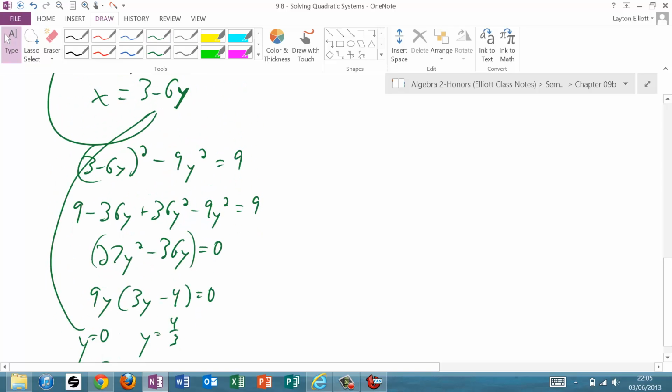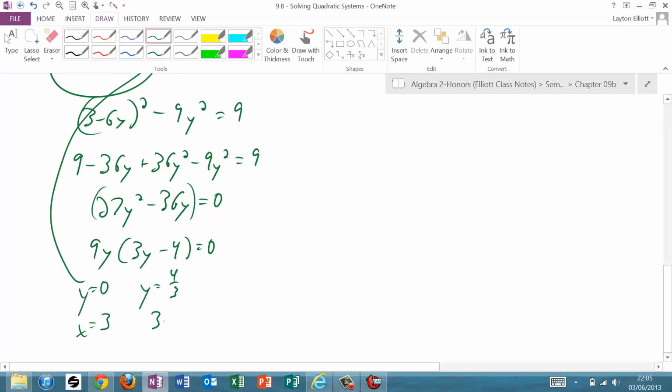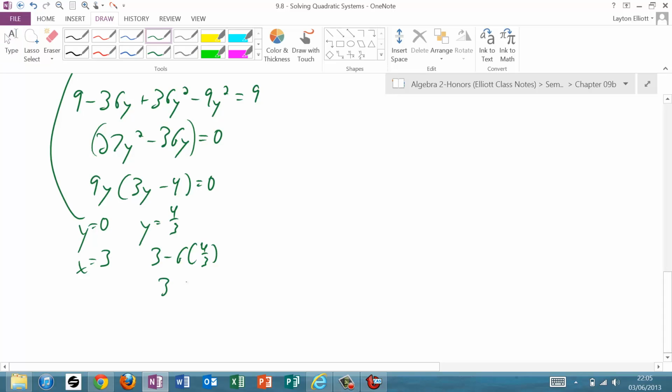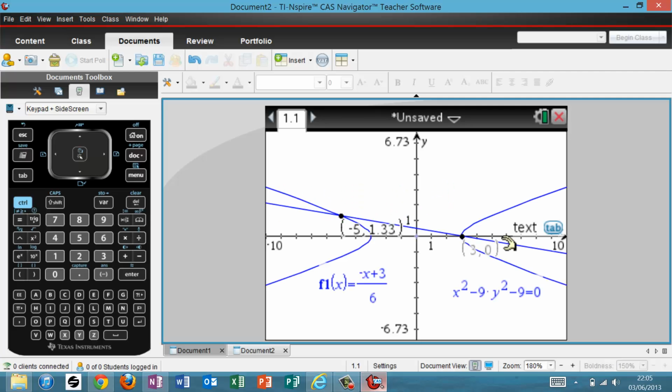And if y is equal to 4/3, I have 3 minus 6 times 4/3, which is 3 minus 8, or negative 5 for x. So my ordered pairs are negative 5, 4/3, and 3, 0. Check my graph real quick, and voila, that does match.